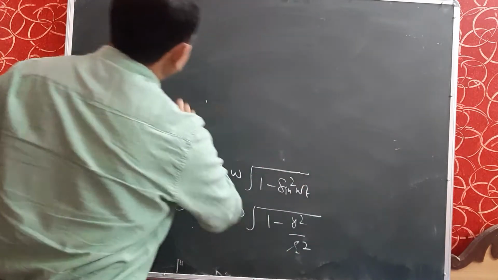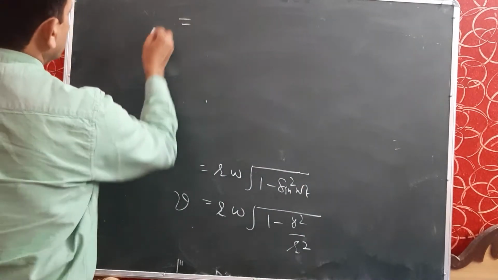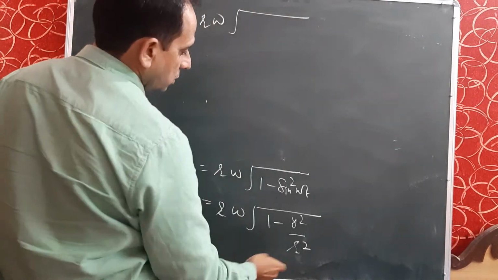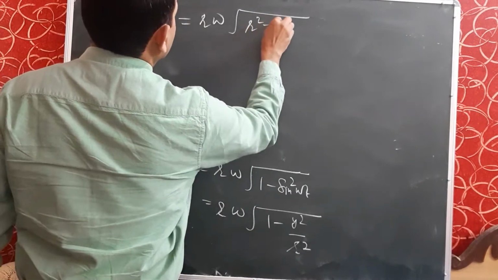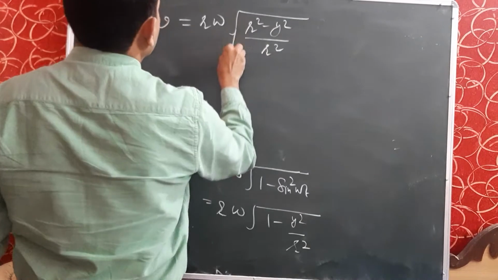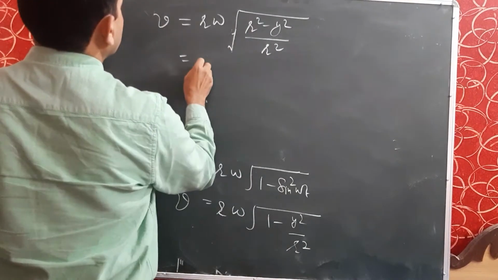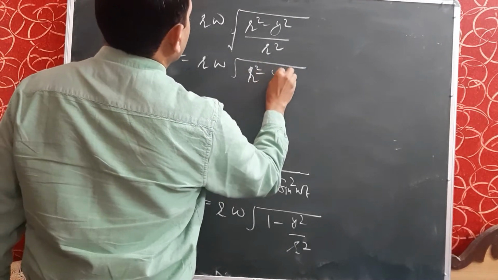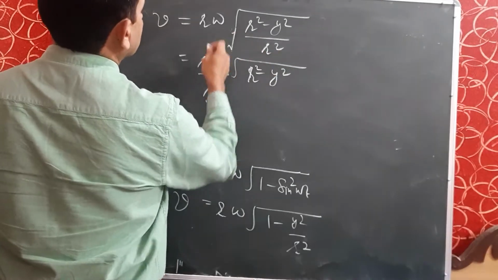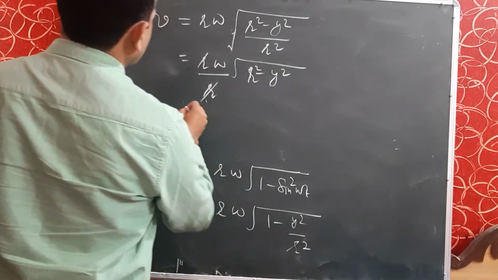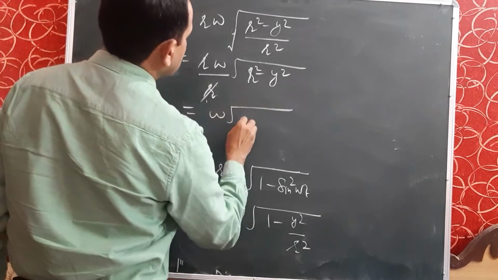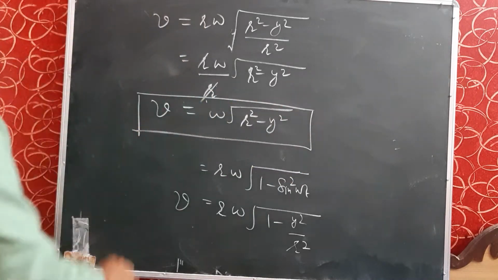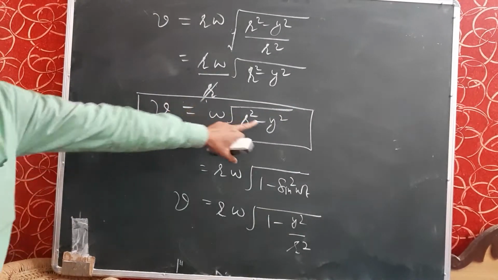Now, on simplification, v is equal to r omega into the square root of, taking LCM, r square minus y square upon r square, or r omega into root of r square minus y square over root of r square. R will cancel with the r, and finally we got this relation of velocity. So, this is the relation of velocity in terms of displacement.